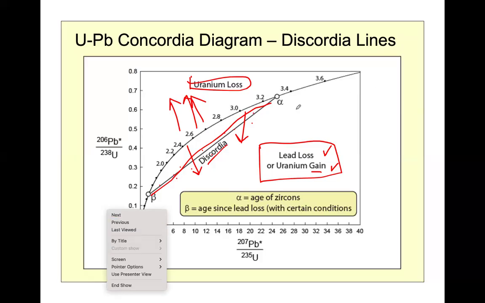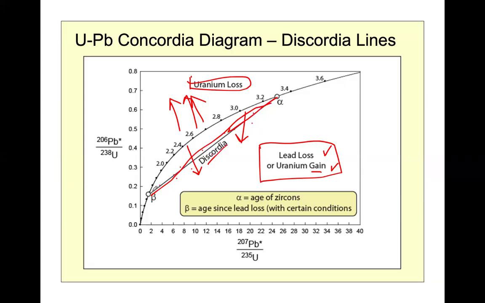This feature will also give you a very important implication. When you have this line and extend it until it meets the concordia curve there, you can mark that point.